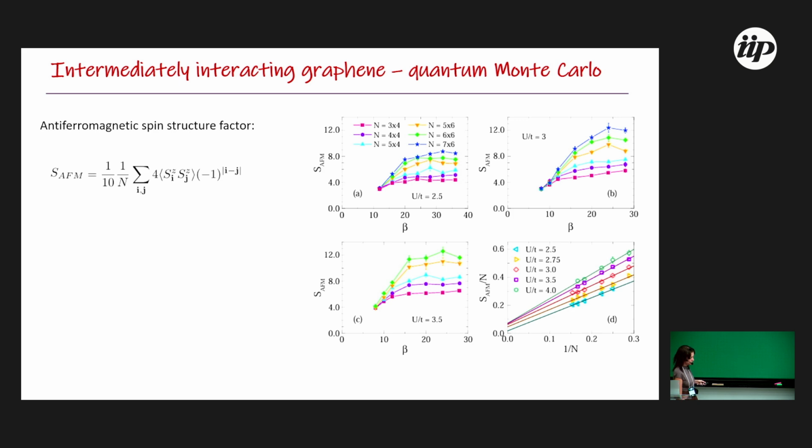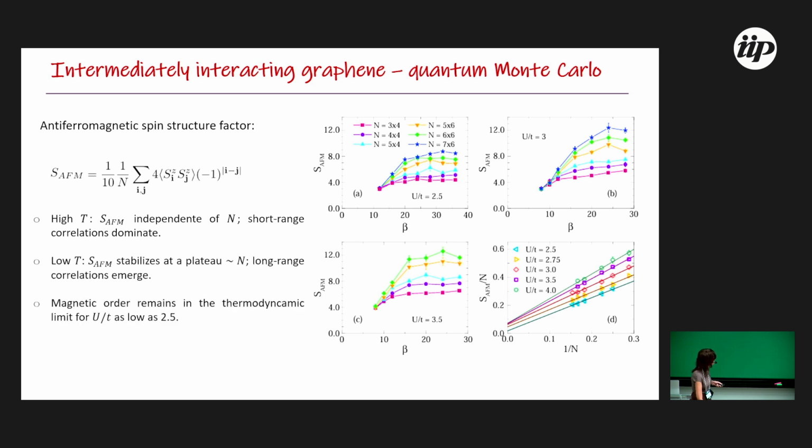I just want to point out the fact that if we extrapolate to the thermodynamic limit, where n, the number of sites, is really large, then we still have a non-zero net magnetization here. This is whereas in pristine graphene it always goes to zero, right?